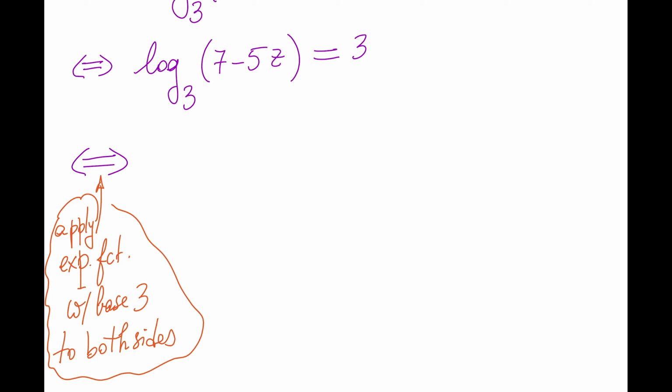This is the idea. So as such, I get 3 to the power log base 3 of 7 minus 5z is equal to 3 to power 3, right? So I'm applying the base 3 here. So let me color this in pink, say. So that's the exponential function I'm applying, right?